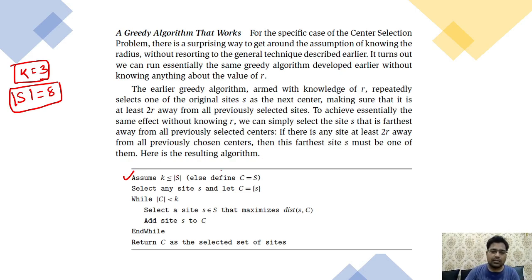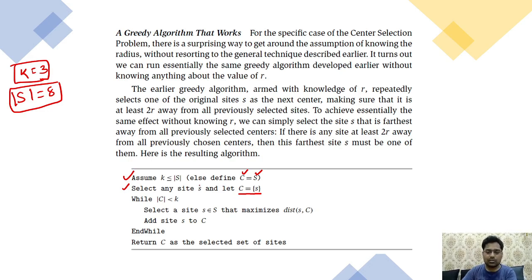Clear? Otherwise, we have to define all the selected sites or all the locations as our different centers. Okay, else part. Next, select any site. Okay, any site we have to select. As we have selected any site, we will consider that one of the centers for us.